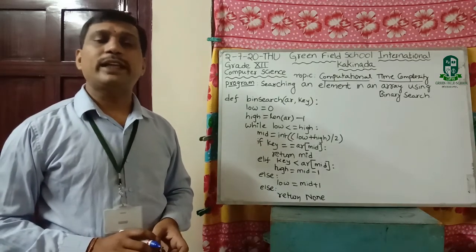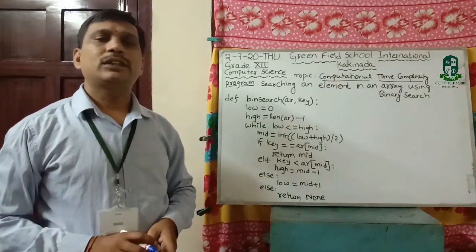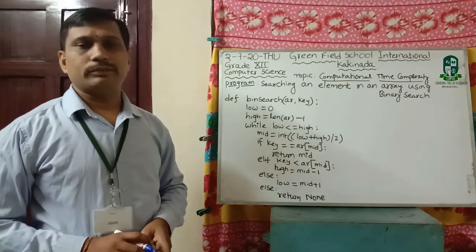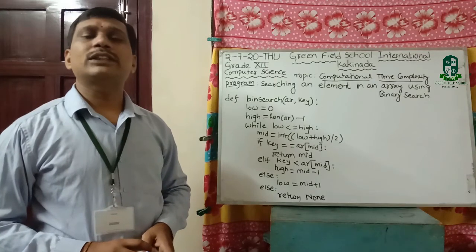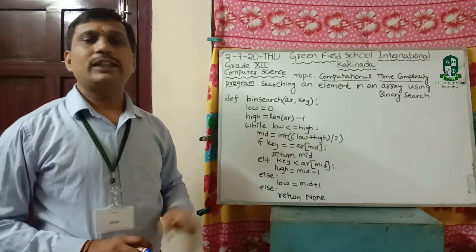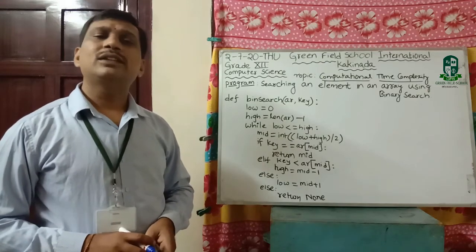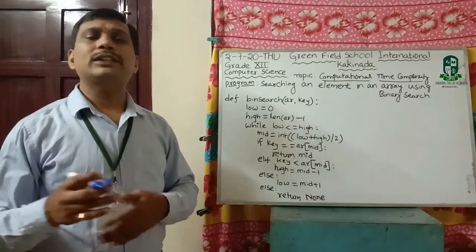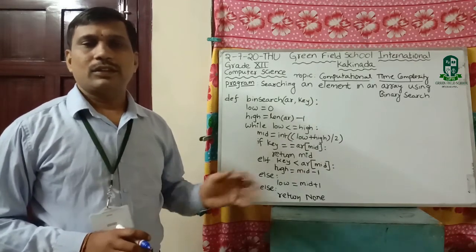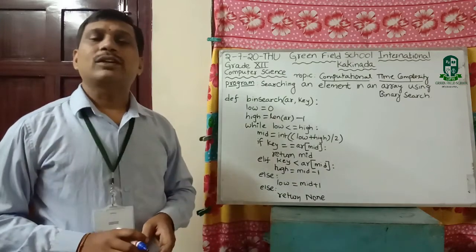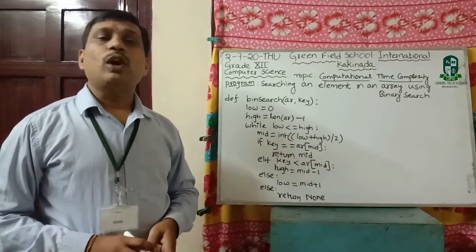Why? Because when we calculate computational complexity, we consider only the dominant term, that is order of n. The remaining constants we consider negligible. The summation of all the constants is just a constant, so we neglect it. Finally we take the dominant term.